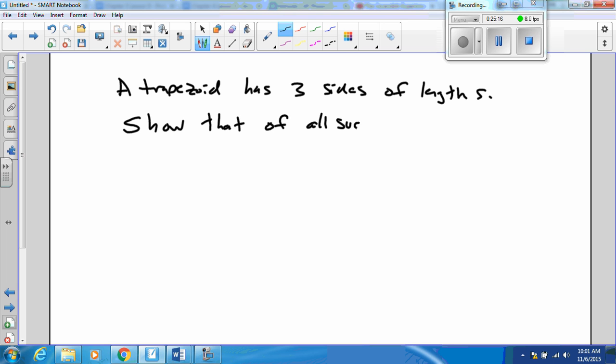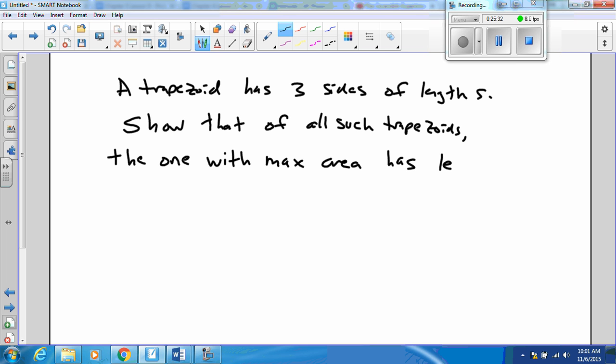Show that of all such trapezoids, the one with maximum area has length of the fourth side of 2s. You guys can get into pairs and work this problem. Go.